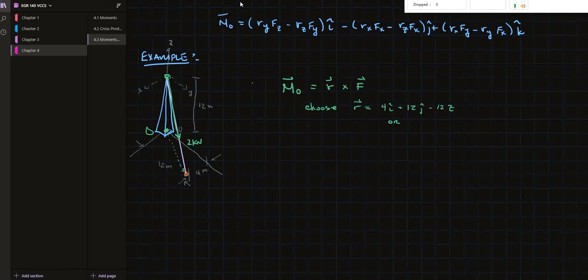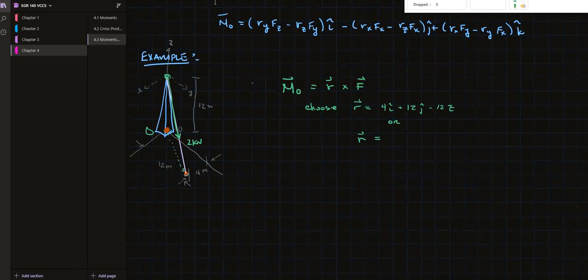But look here. I can go from O to this origin point up here. And I can say R then equals, or actually our position vector, we need to start from O here.